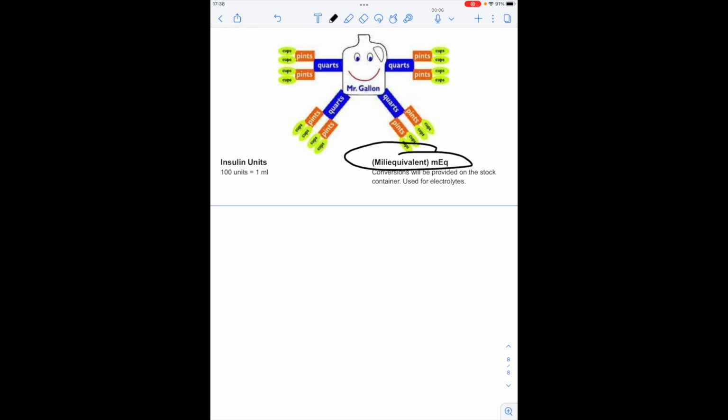So on your vials, act like that's a drug vial. This is going to be potassium chloride.